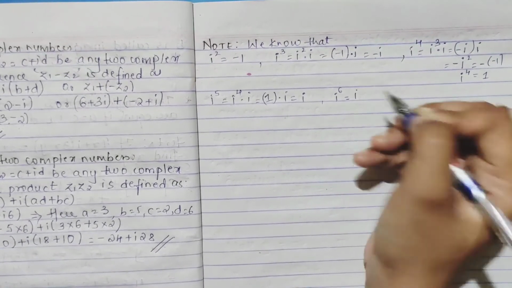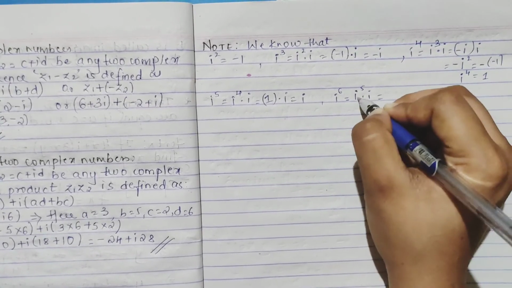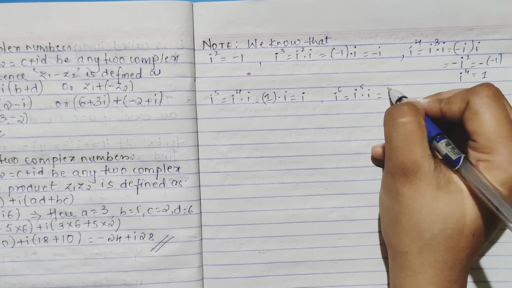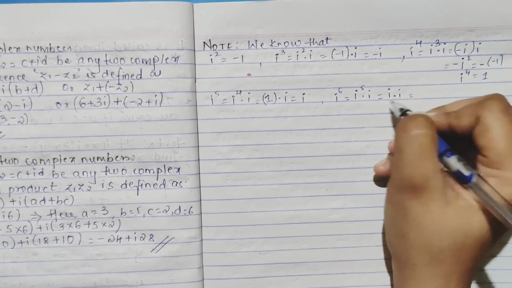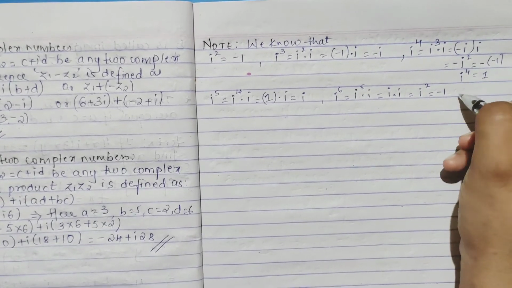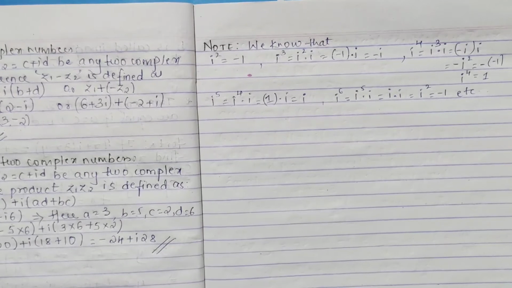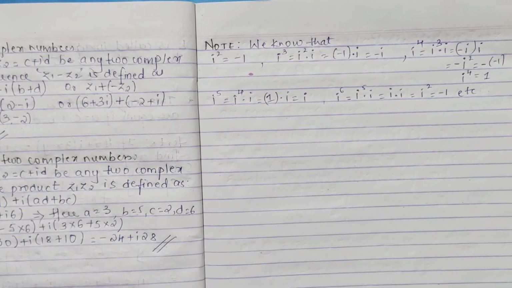Either I can write as i5 into i, that is i into i, which is i square, which is minus 1. So on you can do like this, etc.